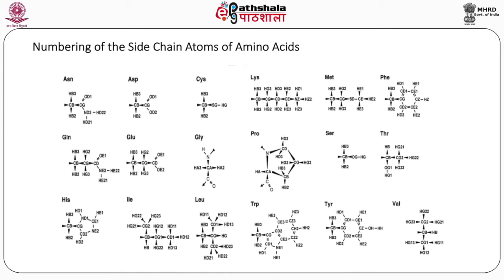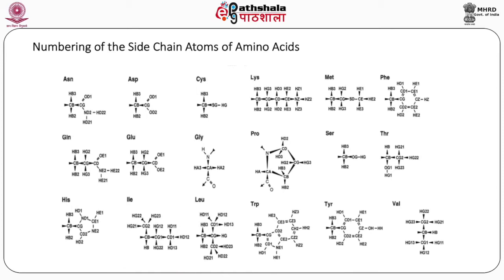N has C alpha, which has an H alpha, and the C alpha is connected to carbonyl, also to C beta, which has HB2, HB3, then CG to HG2, HG3, and C delta or CD to HD2 and HD3. Then C delta closes on the nitrogen.